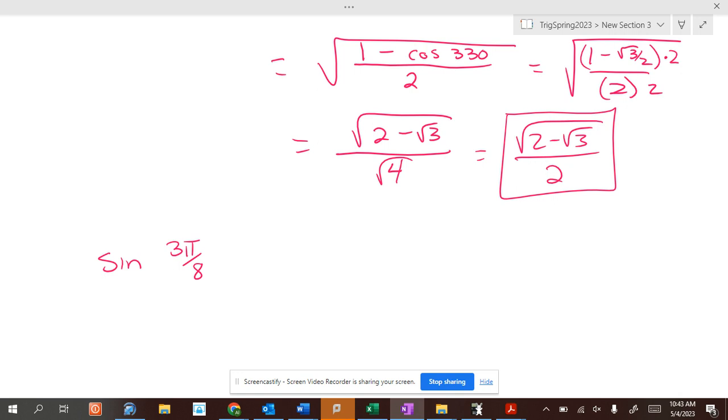The sine of 3 pi over 8. What quadrant is 3 pi over 8 in?